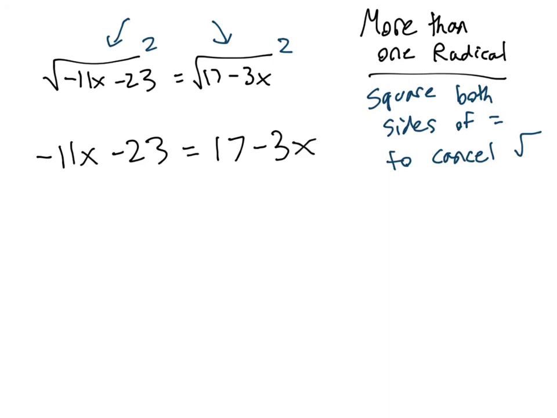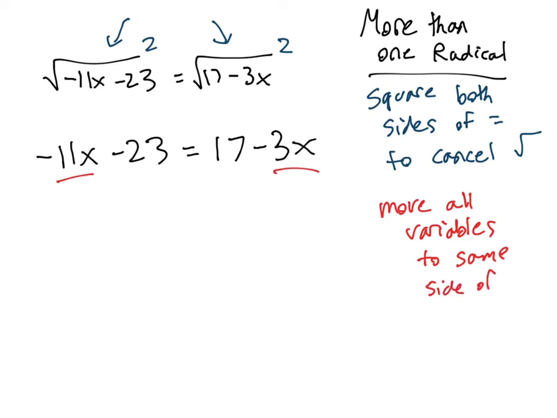To solve an equation like this that has variables on both sides of our equal sign, what we want to do is move all of the variables to the same side of our equal sign. So we could pick either side, and why don't we try to move this negative 3x over to this side of our equal sign.